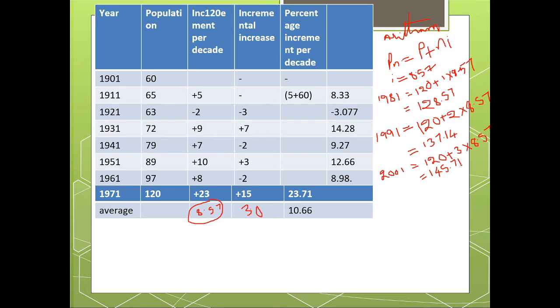So like this, if you want to find out the population in 1994, how do you find out?